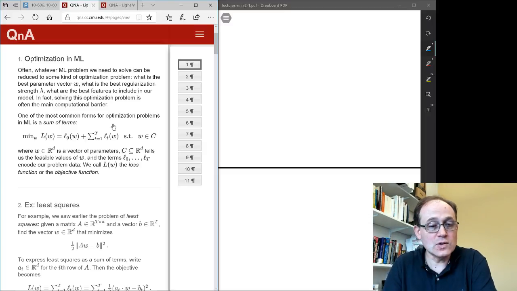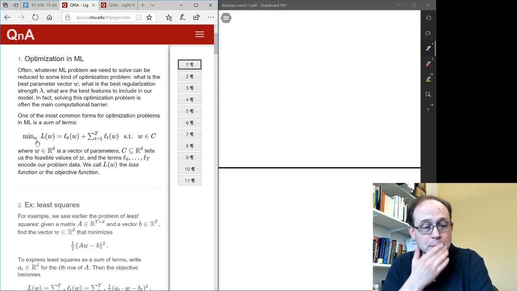A lot of times in machine learning, our optimization problem has the following form. We have some parameter vector W for weights, and we have a loss function, L of W, and we want to minimize loss.